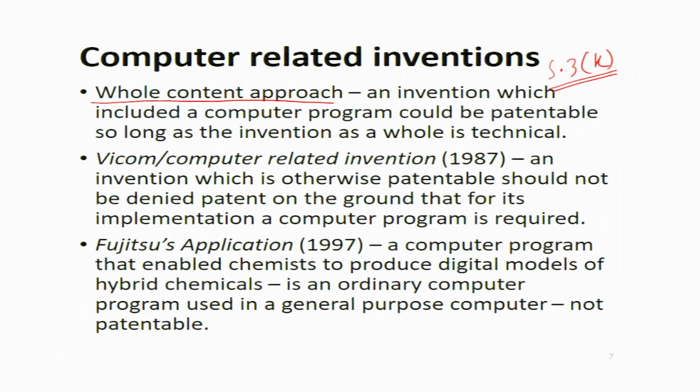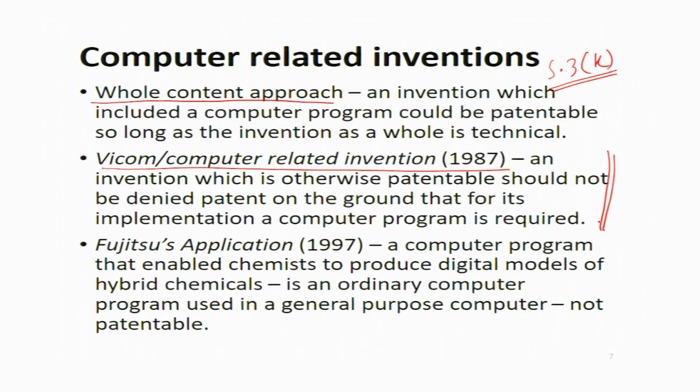We have a case called Vicom, Computer Related Invention, 1987. It says an invention which is otherwise patentable should not be denied patent on the ground that for its implementation a computer program is required. So, this is in line with the whole content approach.